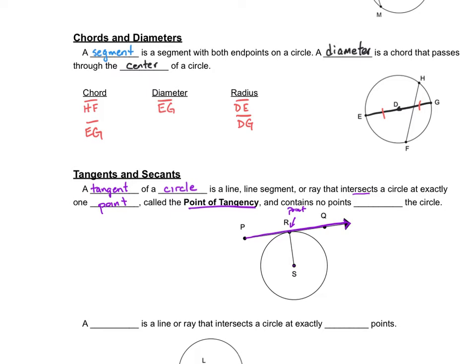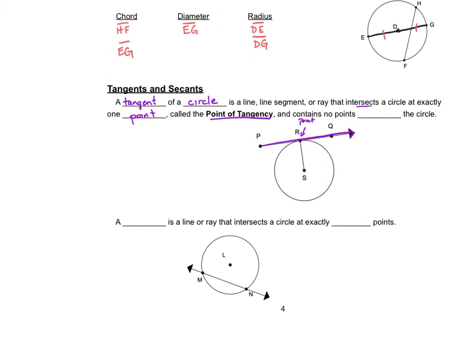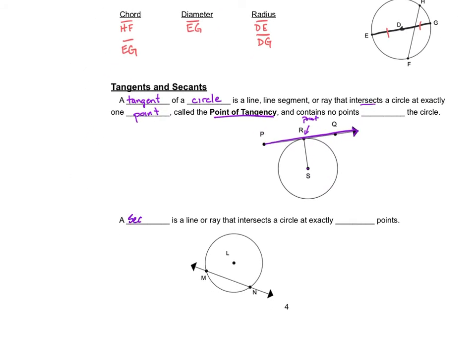And then we learn that a secant is a line, segment, or ray that intersects the circle at exactly two points. So here we can see that the secant passes through the circle at two points.